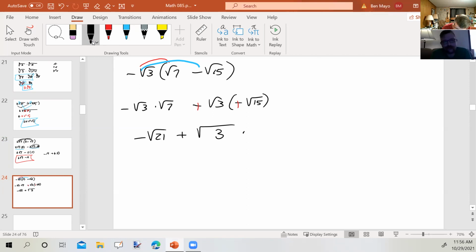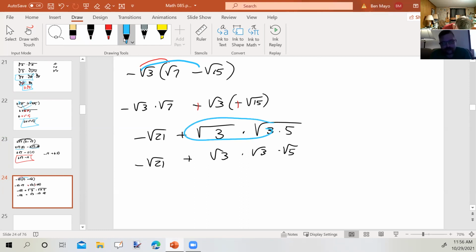I'm going to take the 15 and write it like that, so that I can put those together. And get that. And that's as far as I can go with that.